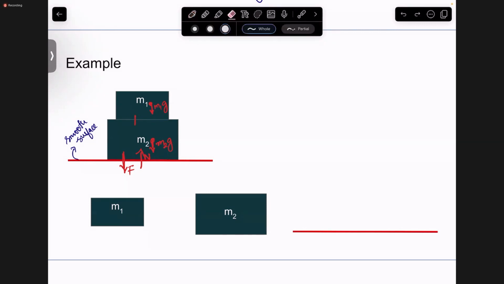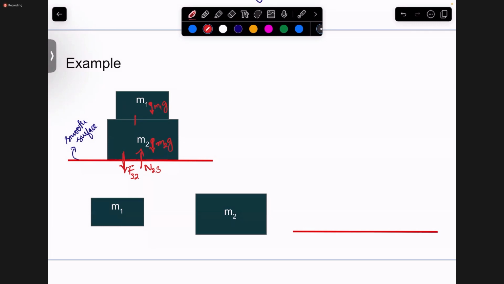We will draw it once again. So this is N2S. Okay, this is FS2, because it is acting on the surface from body 2. And N2S is the normal force acting on 2 due to the surface.